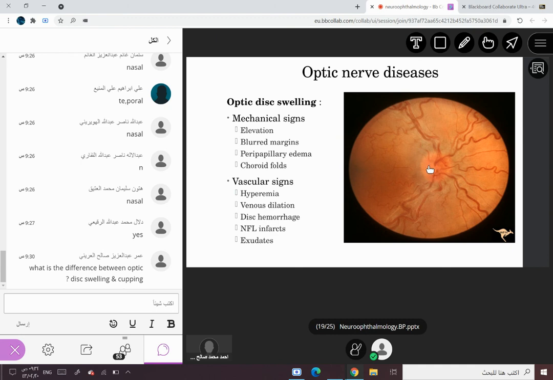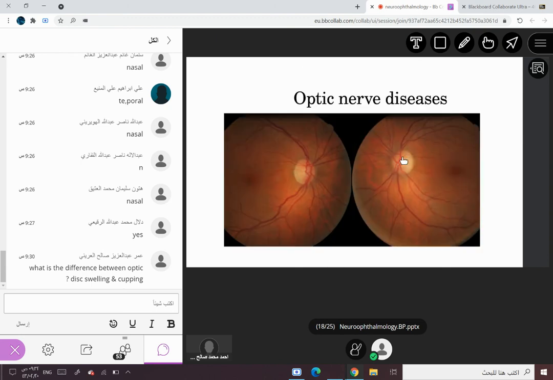So the cupping is a cavitation inside the disc, but in optic disc swelling, the whole disc is completely swollen, as compared to the normal looking one. This is a normal looking one. If you compare this one to this one, this is completely abnormal. In optic disc swelling, in this type of patient, the cupping is almost non-existing.